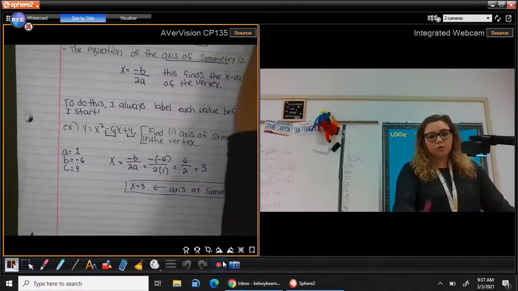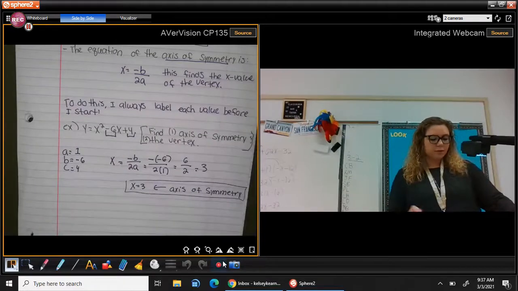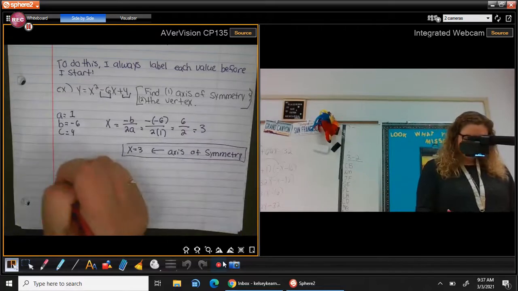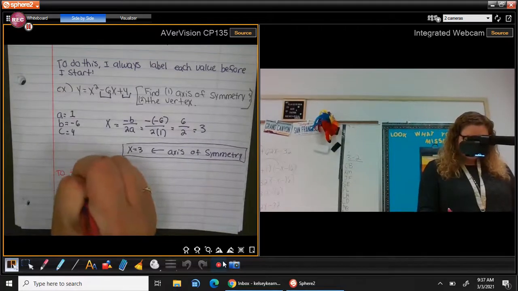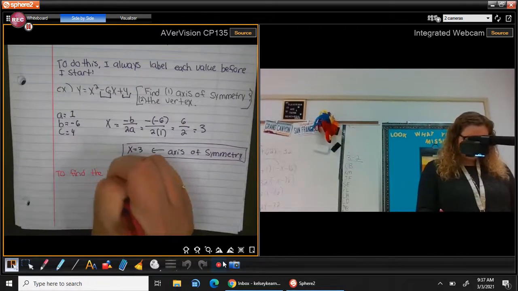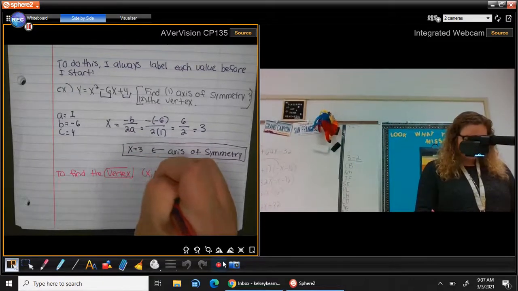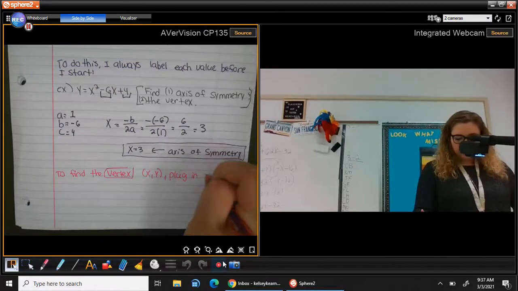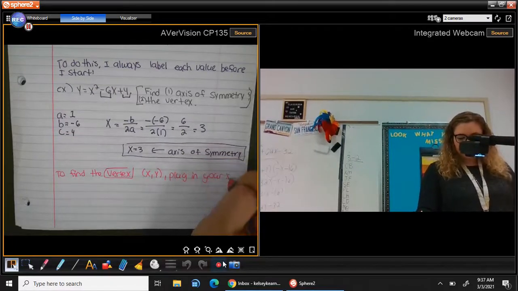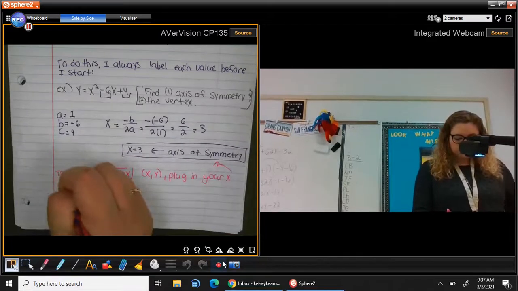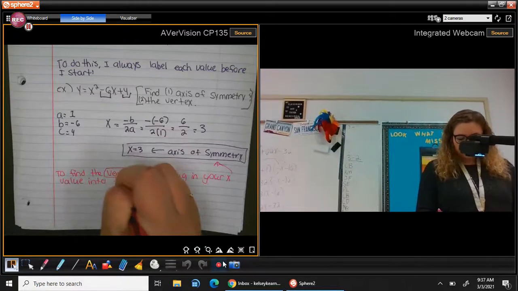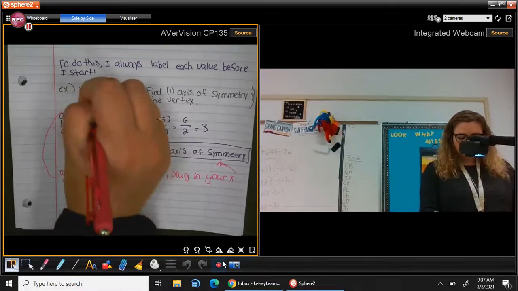So step 2, we need to find the vortex. Okay? To find the vortex, which is the x value and the y value, it's that point. You're going to plug in your x value that you found up here into the equation that you started off with.